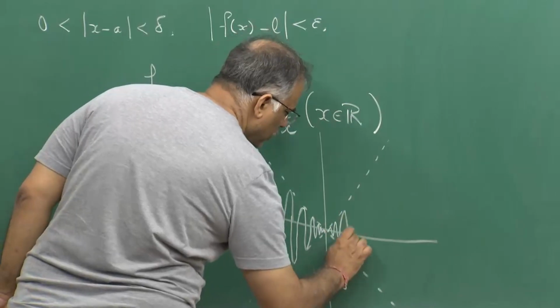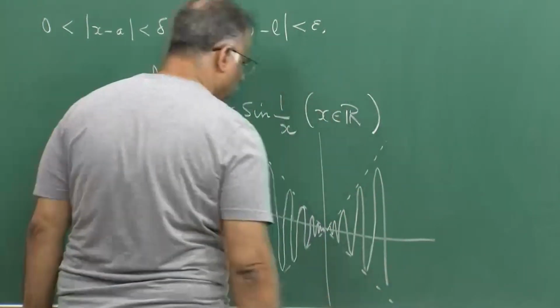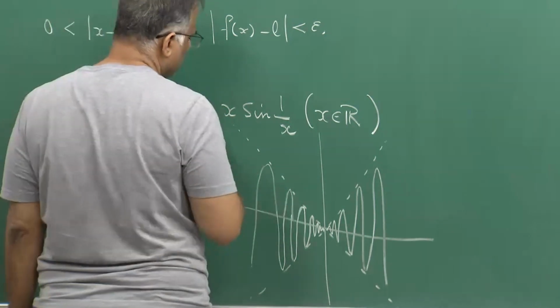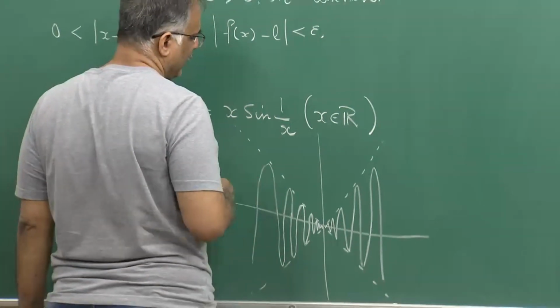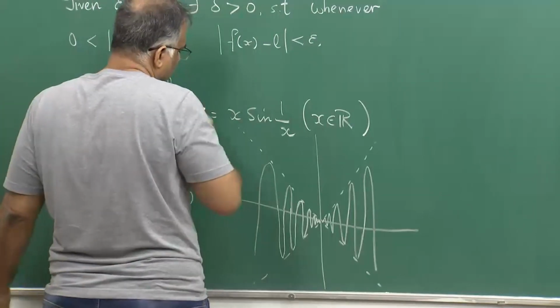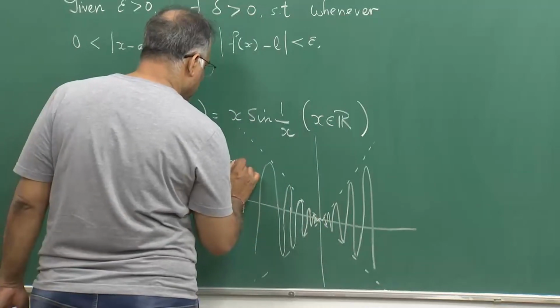Of course, there is a wonderful symmetry of this stuff, and so on. So, this is the graph of f(x) equal to x sin(1/x). Sometimes people want to define f(0) to be 0. That is because the limit actually becomes 0. So, at x equal to 0, you want to define this function as 0. So, this limit is actually 0.